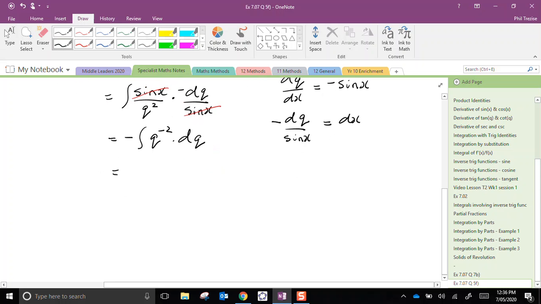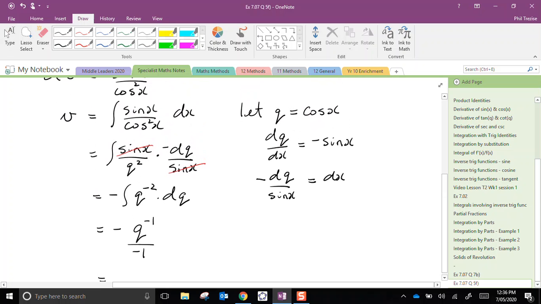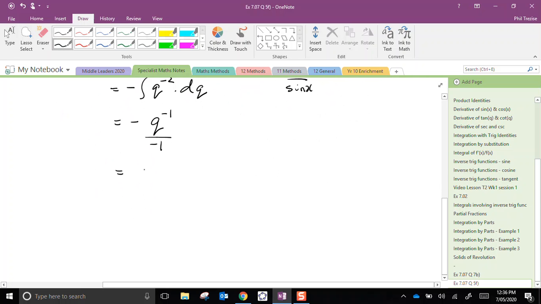That's quite doable. So to increase the power from negative 2 would become negative 1 and divide by the new power. So this is literally q to the negative 1, and q, remember, was cosine of x. So it is cosine of x to the power of minus 1. I'm going to be very careful how I write this power of minus 1 so it doesn't look like an inverse trigonometric function, and that of course is the secant of x.